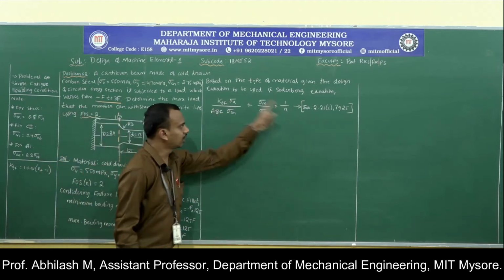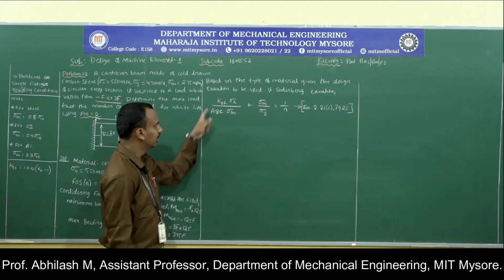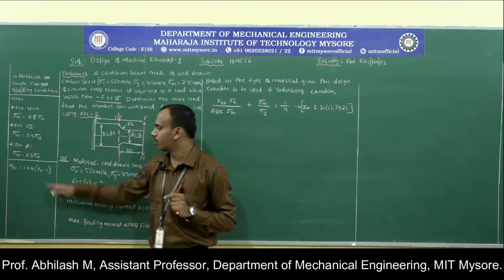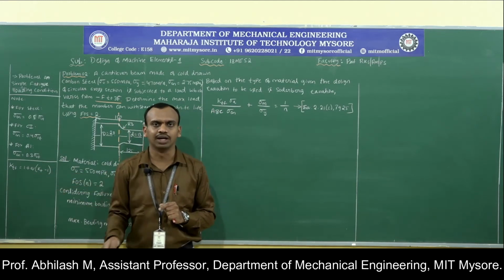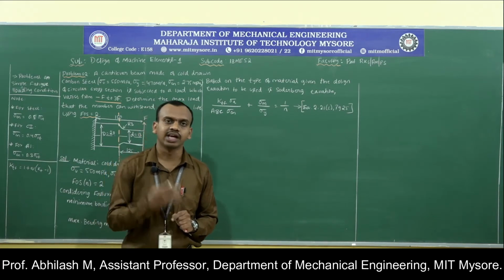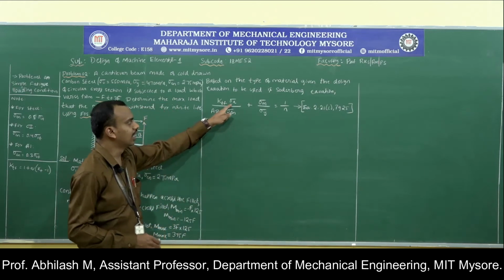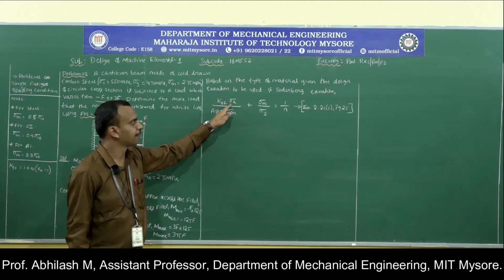Now, looking at the equation, which are all the terms that are present? One, the KTF. We know the equation to calculate the KTF, which is given by KTF is equal to 1 plus q of KT minus 1, where q is the notch sensitivity index, KT is the theoretical stress concentration factor. Then we have sigma a, which indicates the amplitude stress.